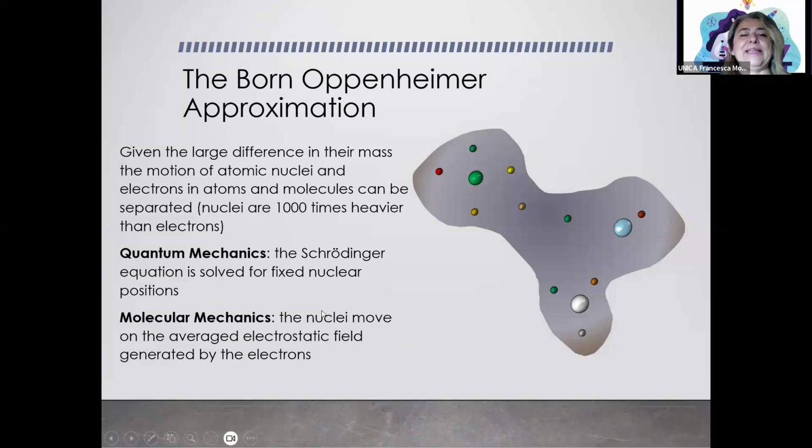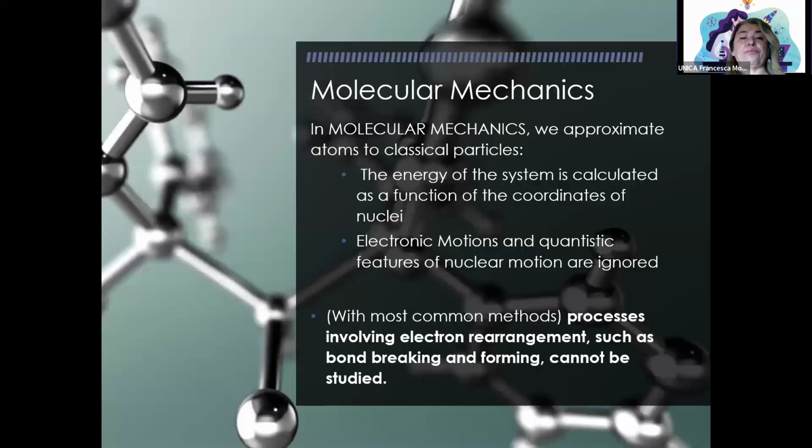And in molecular mechanics, that is the subject of this lecture, the Born-Oppenheimer approximation allows us to consider the nuclei moving on the averaged electrostatic field generated by the electrons.